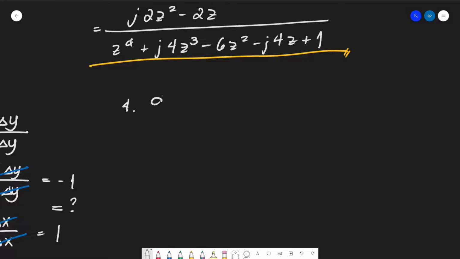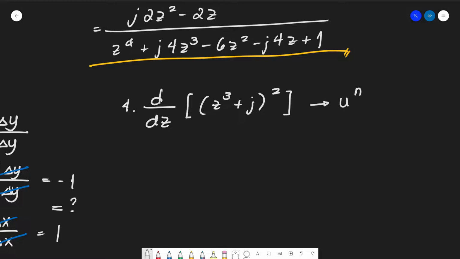Pinapahanap sa atin is the derivative of z cube plus j squared. And this is in the form ng u raised to n. Then, kukunin natin yung derivative nito na magiging n times u raised to n minus 1 du.